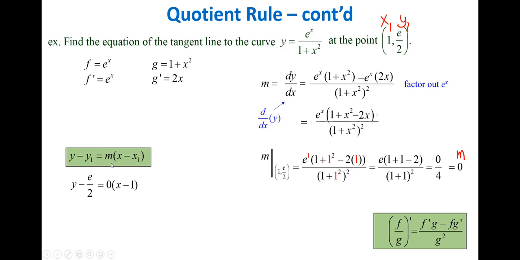And again, this whole thing is going to just zero out. I'll add e over 2 to both sides to solve for y. And therefore, the equation of the tangent line to the curve y is equal to e to the x over 1 plus x squared at 1 comma e over 2 would just be y is equal to e over 2.